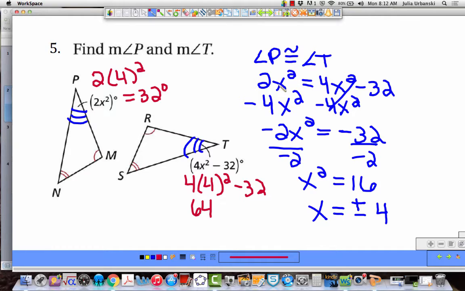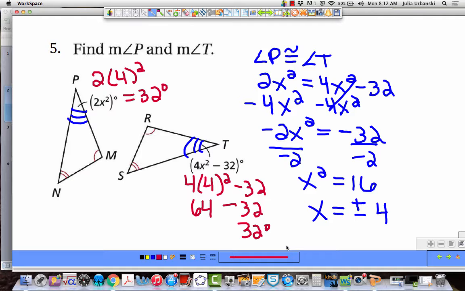Is it 56? Yeah, it's 64. Okay, and then subtract 32 from that, and you, of course, get 32 degrees, so those two equal the same thing. They work.